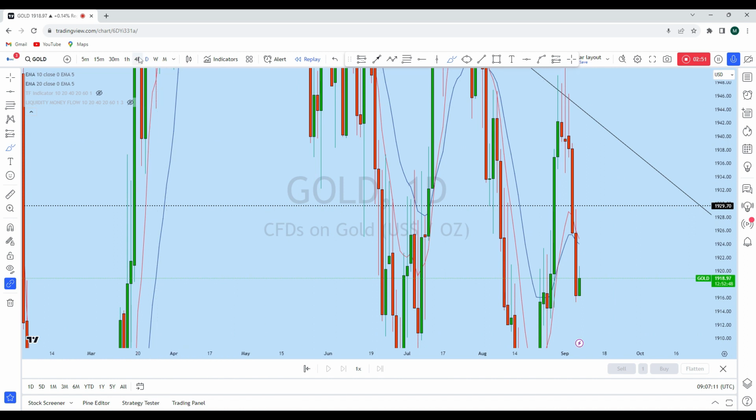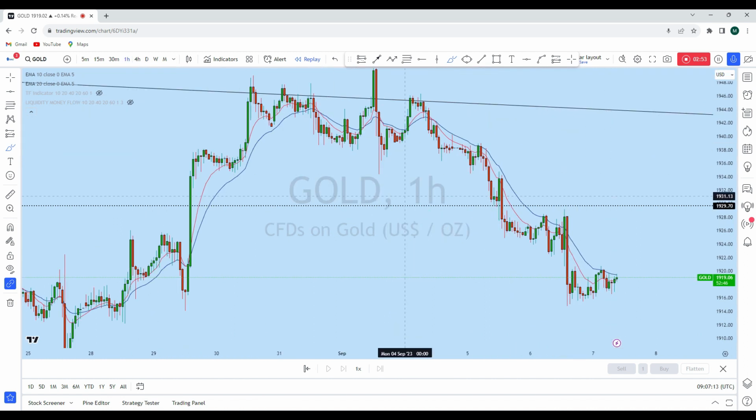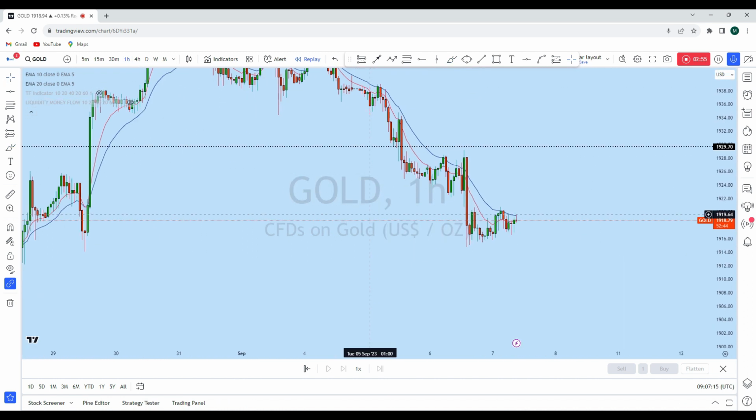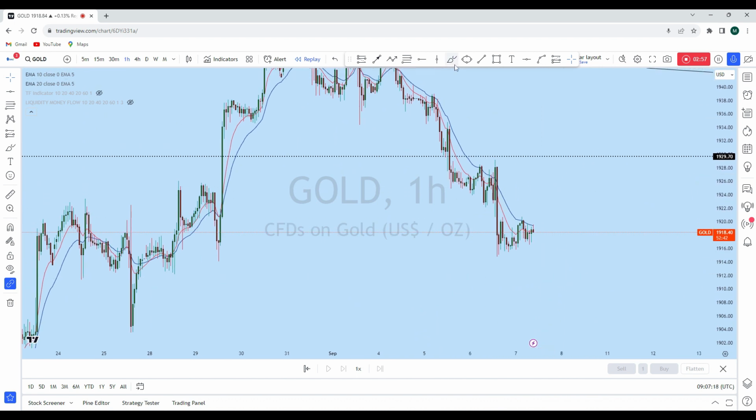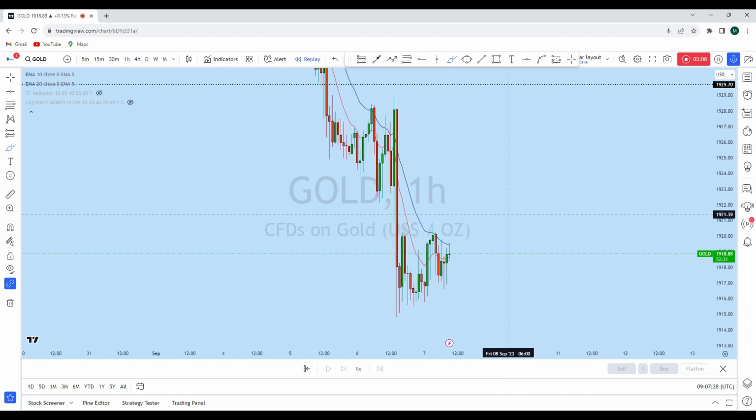If we look at the 1 hour chart to see how gold is evolving in that zone, we see that in this local time frame there was a very strong rejection yesterday during the news, and then the price is consolidating here in that area. Now there are two probable scenarios on gold.